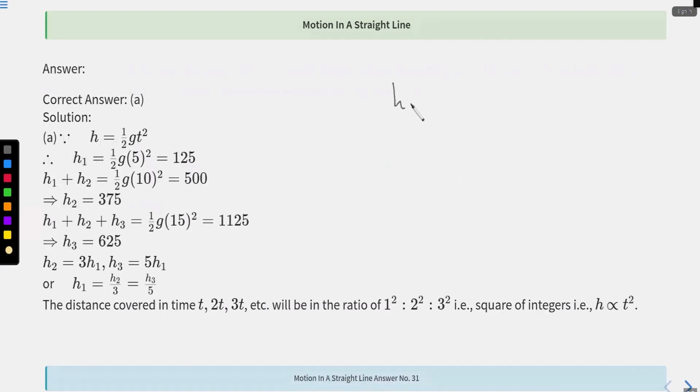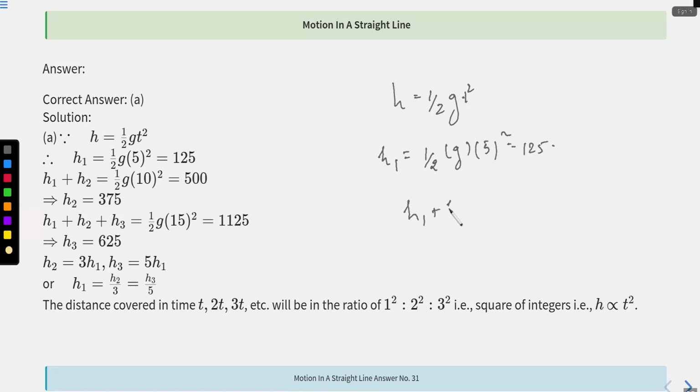So h is equals to half gt square. Basically, s is equals to ut plus half at square, but the u value is 0 because the stone is starting from rest, right? So the initial velocity is 0. So h is equals to half gt square. So h1 will be equals to half into g into 5 square, that is 125.